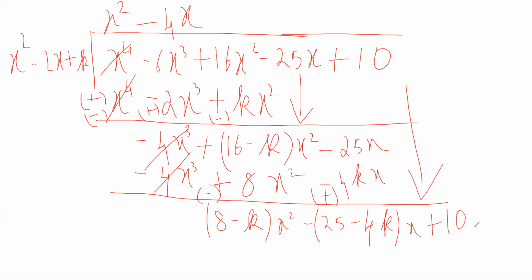So up to this point, try solving along with the tutor. This is a very important question. After grouping, I get 8 minus k times x square minus 25 minus 4k times x plus 10. I'll rub this part because I don't have enough space, and I'll get this up.